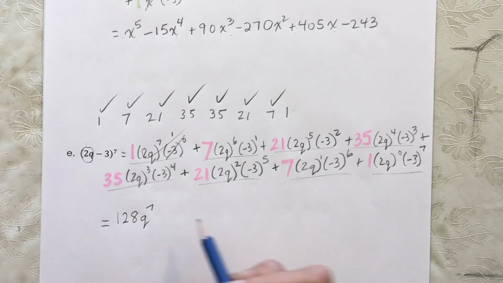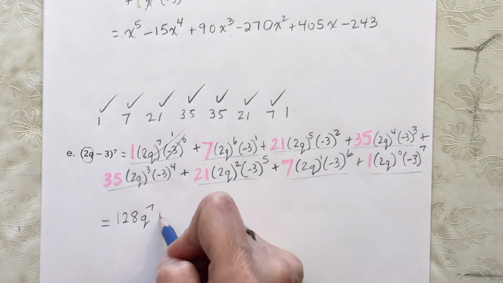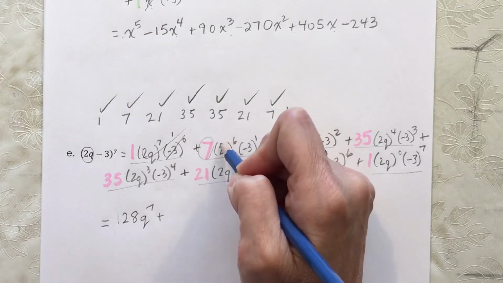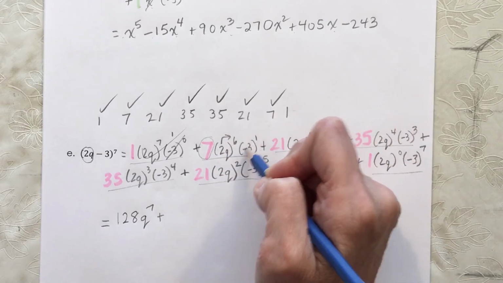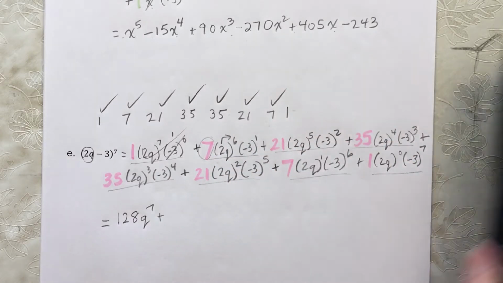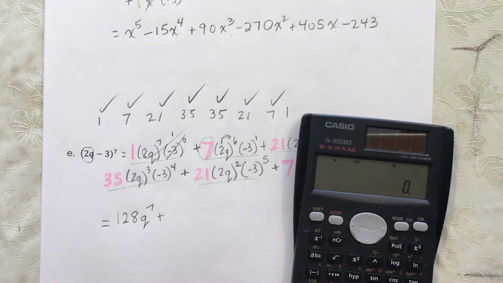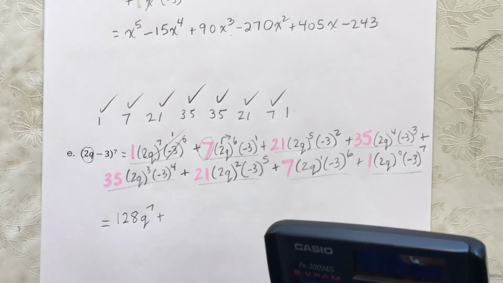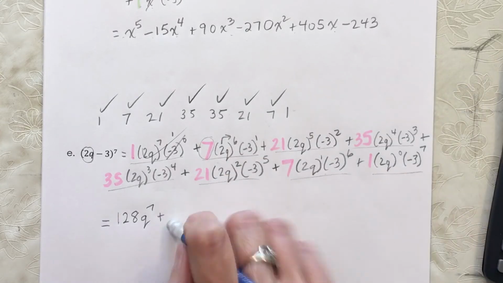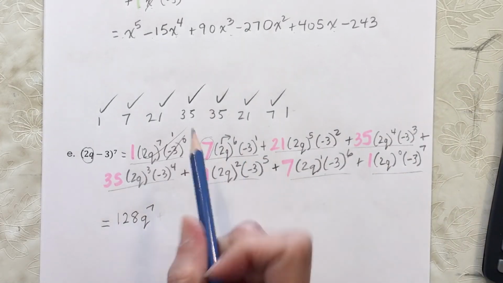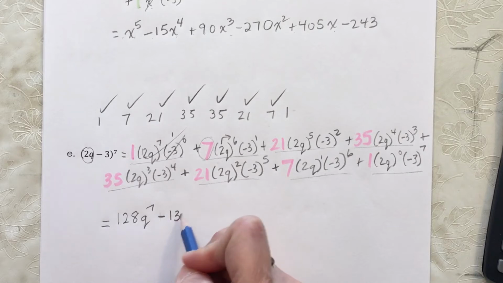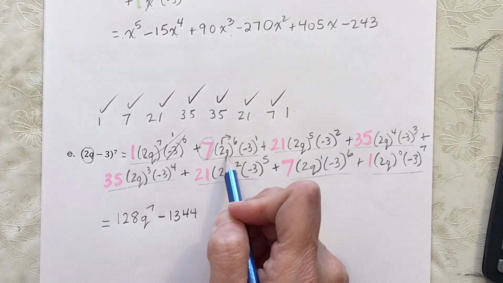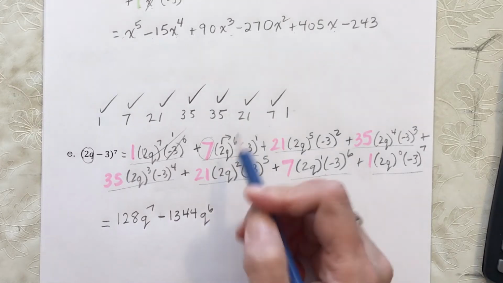To get the second term, the coefficient is going to be made by doing the 7 times the 2 to the 6th times negative 3. So 7 times 2 to the power of 6 times negative 3 is negative 1,344. So I shouldn't have put a sign down yet. So negative 1,344, and then q to the power of 6.